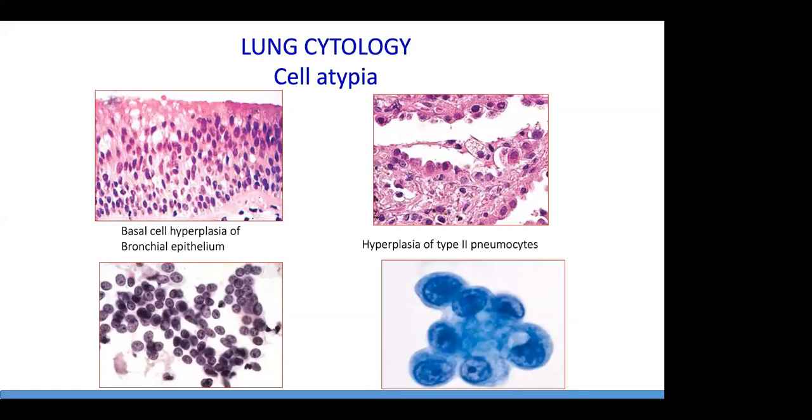Very, very difficult sometimes is the distinction between the hyperplasia of pneumocytes in lung parenchymal injury on cytology, where the cells could be very atypical, like this one with huge nucleoli, and the differential diagnosis with adenocarcinoma could be very difficult.